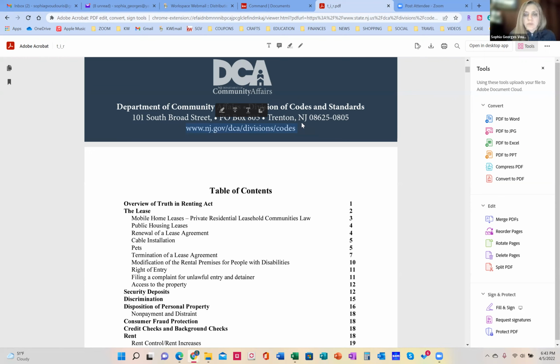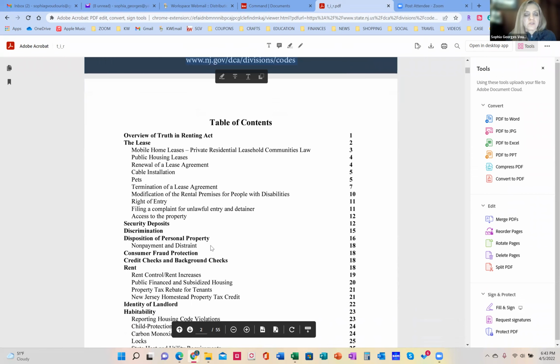So here it talks about renewing a lease, pets, what's allowed, terminating a lease. If they terminate, you've got to be reasonable as far as what if they don't pay the rent, how much of a fee you charge them. You can't say, I'm going to charge you $1,000 for a bounce check. You just got to follow this.